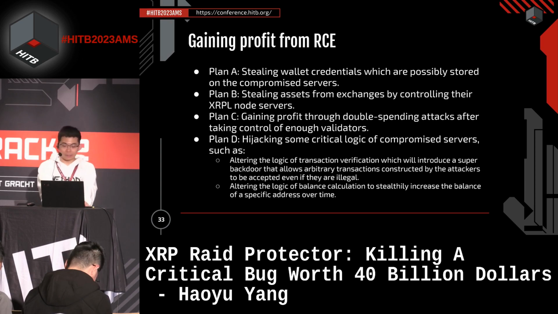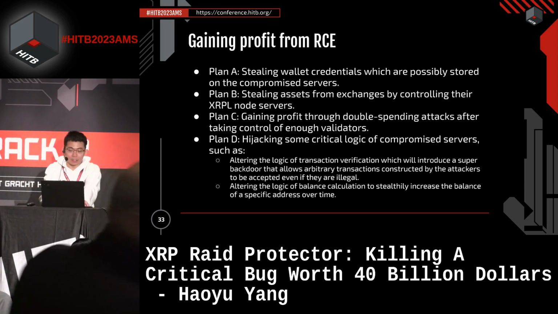And Plan D, he hijacks some critical logic of all compromised servers, such as altering the logic of transaction verification, which will introduce a super backdoor that allows arbitrary transactions constructed by the attackers to be accepted, even if the transactions are illegal.